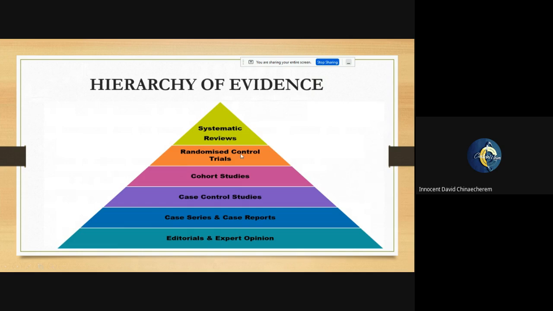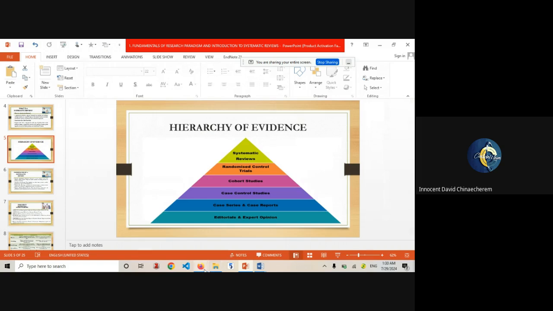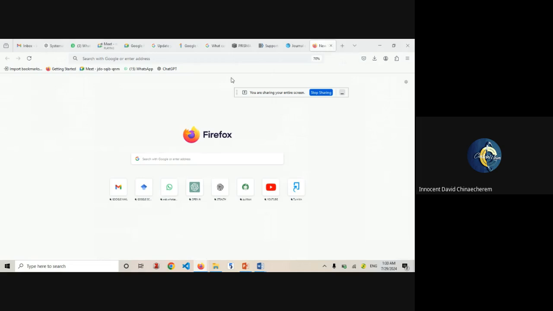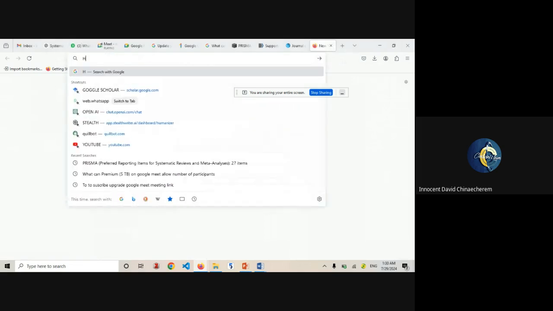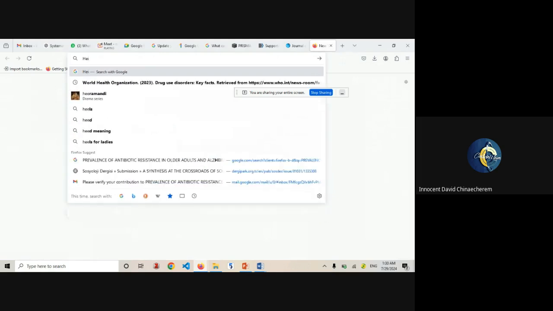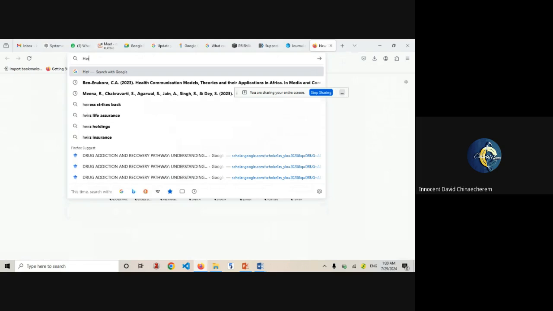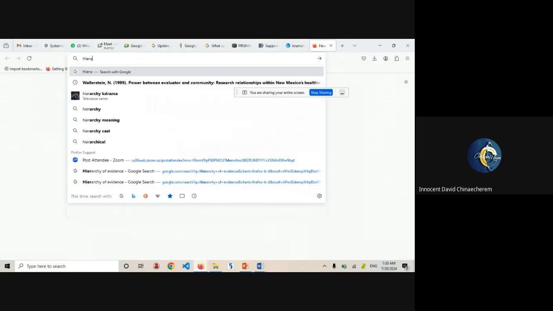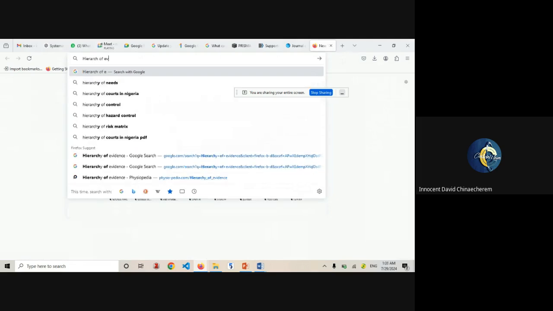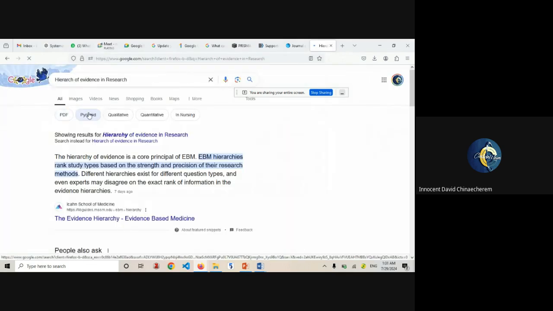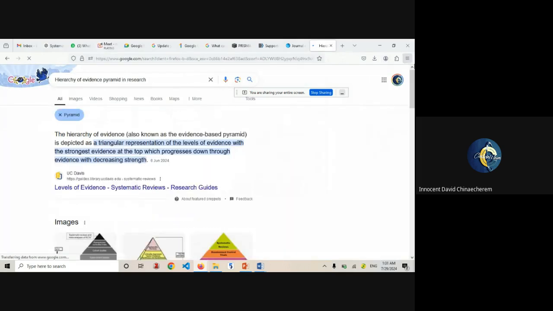So if you go online again and search, let's say you go online and search hierarchy of evidence in research, right? So this is the pyramid, right?